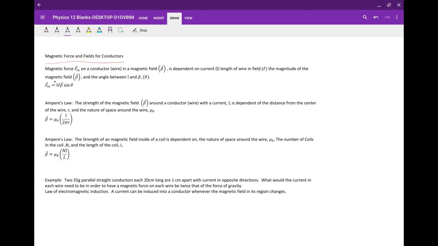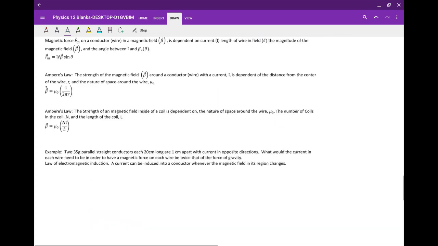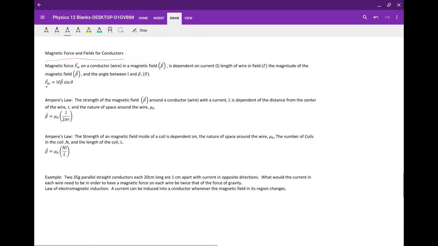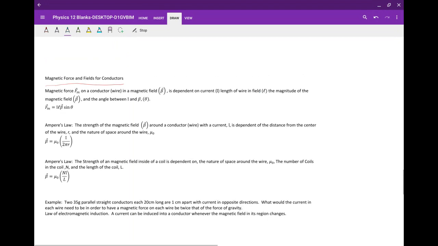And it also depends on the magnitude of the magnetic field and the angle between the field and the wire, or the current in the wire. And so you can figure it out using this formula. Current in the wire that's in the field, the length of the wire that's in the field, the strength of the field, and the angle between them, all right?